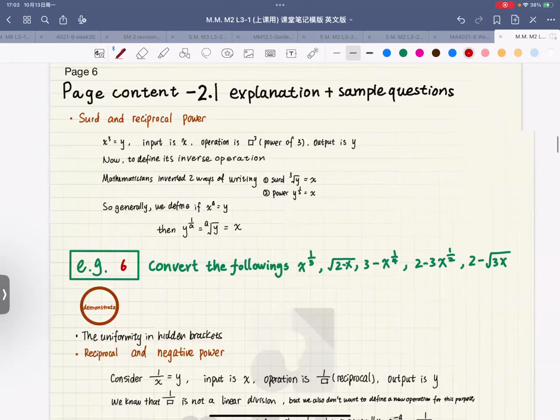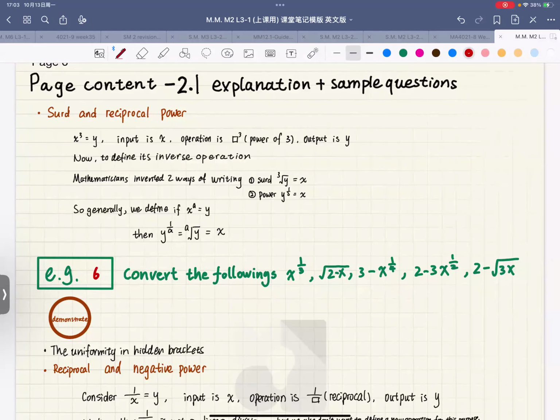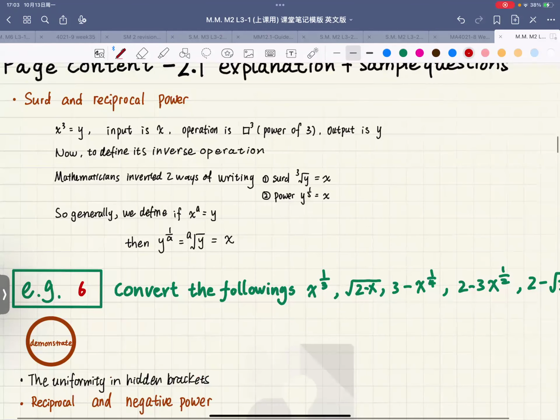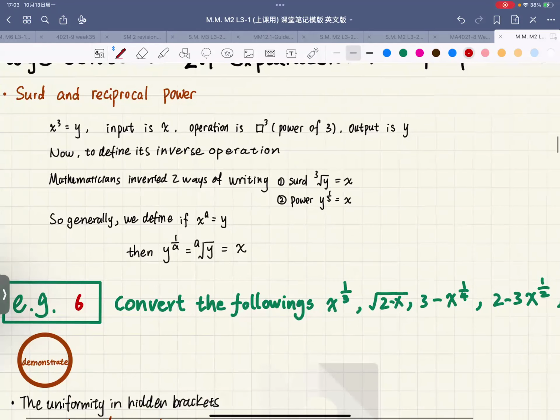Okay, cube root and reciprocal power. So x to the power of 3 is equal to y: the input is x, the operation is something to the power of 3, and the output is y. Now, to define its inverse operation, mathematicians invented two ways of writing.